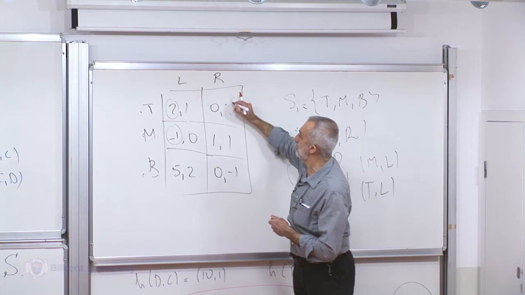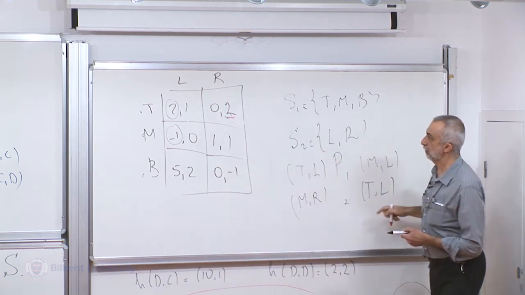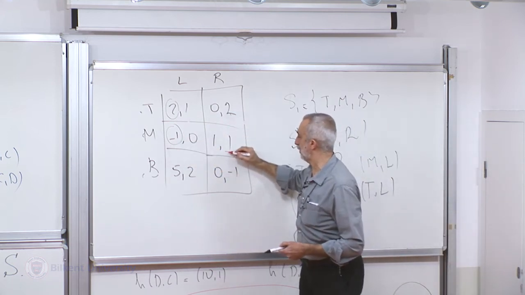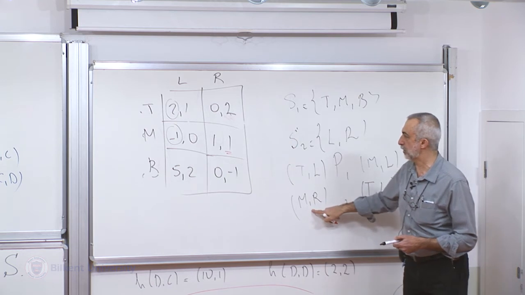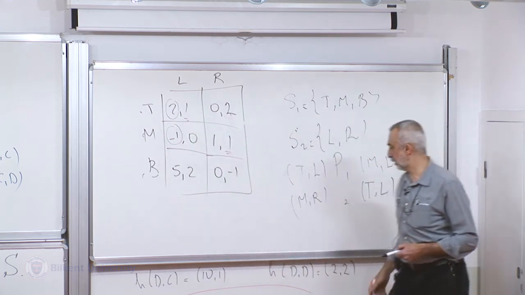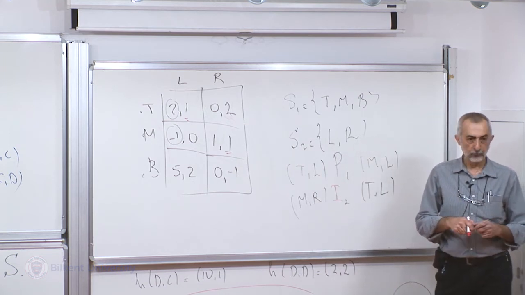Believe it or not, this is a 2. So we check this number against MR, I'm sorry. MR, the number assigned to this is 1. TL, the number assigned to that is 1. So player 2 is indifferent between those two strategy profiles.